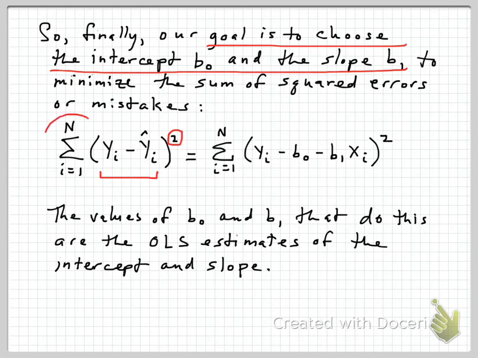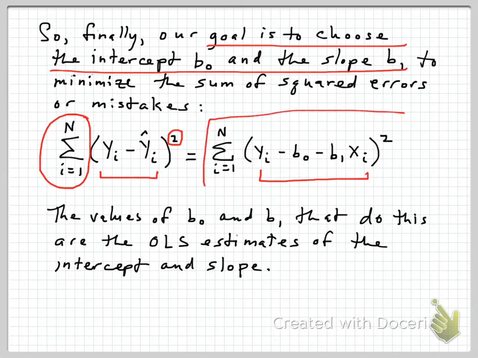And remember the summation notation: the sum from i equals 1 to n. n is the number of observations in our data set, the number of data points. In this case, I think it was 11. Substituting in for yi minus yi hat, we had that little expression, and this finally is the sum of squared errors, or the sum of squared vertical mistakes in our scatter plot given our proposed line.